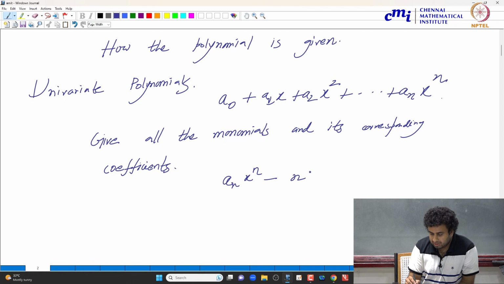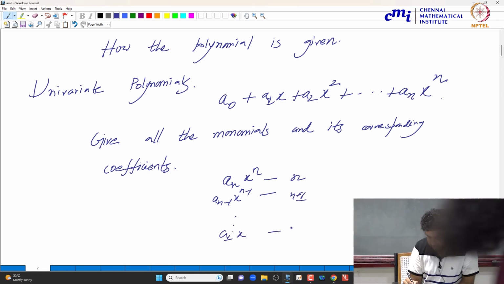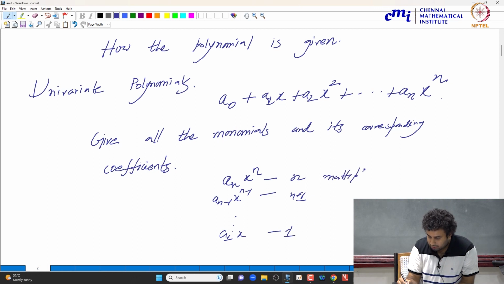Anyway, one way to answer this question could have been this: for computing an x to the power n, you need n multiplications, then for x to the n minus 1, you need n minus 1, and then for a1 x, you need 1 multiplication.